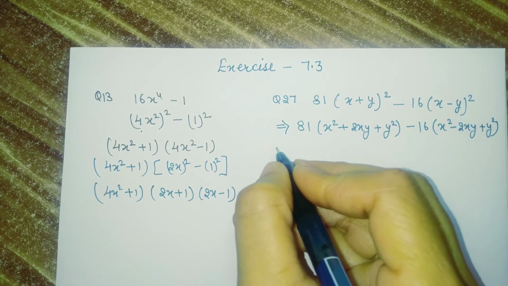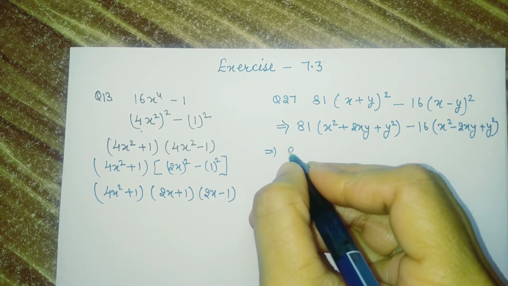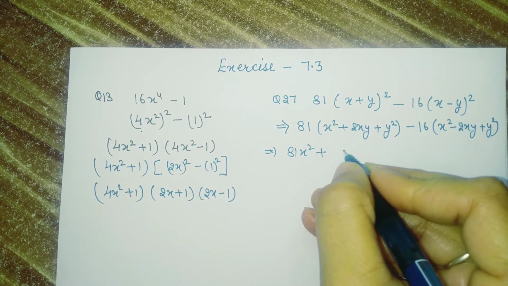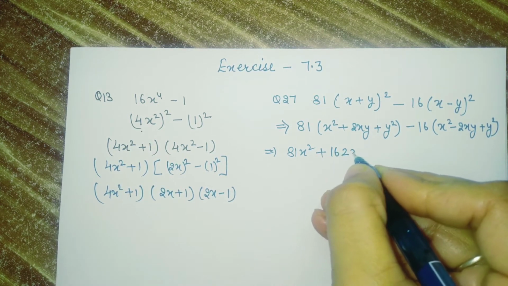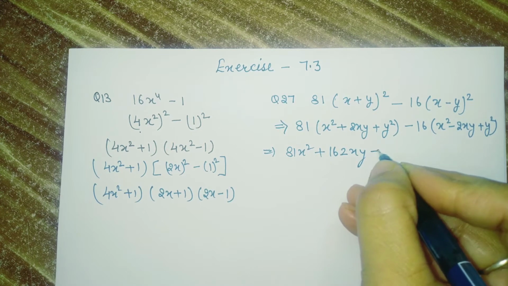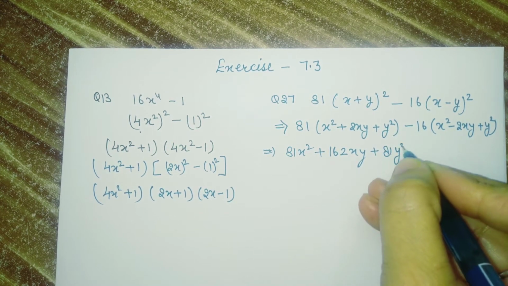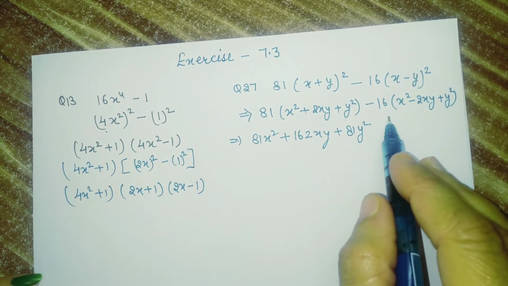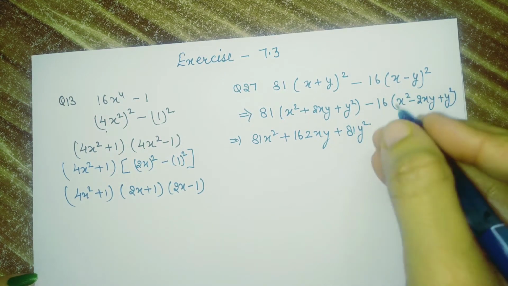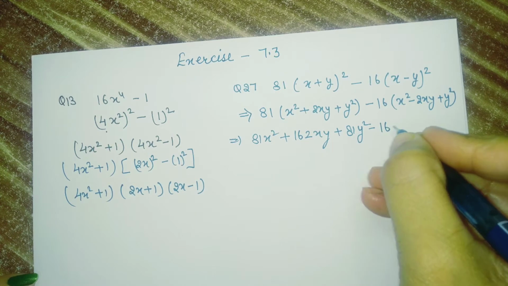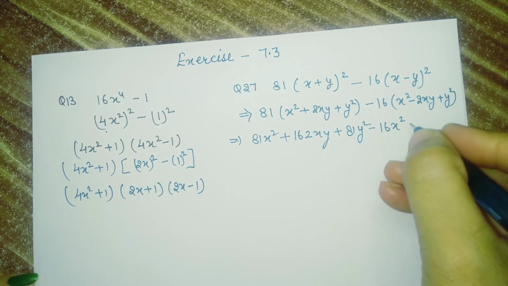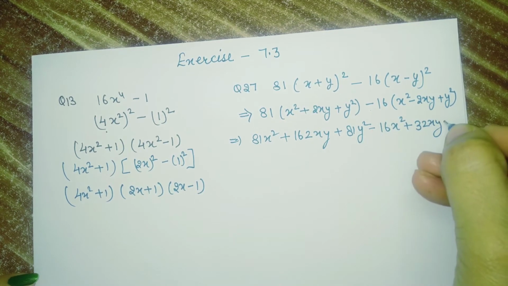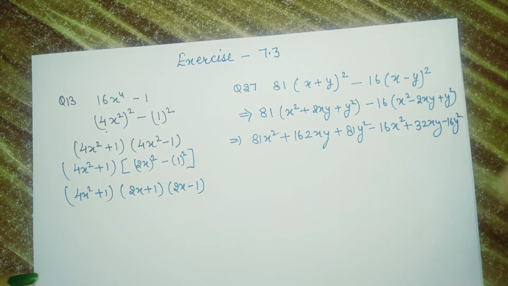Okay, now multiply this one. 81 x square, 81 twos are 162 xy, then 81 ones are 81 y square. Outside there is a minus sign. Whenever any number is multiplied with a minus, it changes all the signs. So it will be first 16 x square, 16 twos are 32, so plus 32 xy, then minus 16 y square.